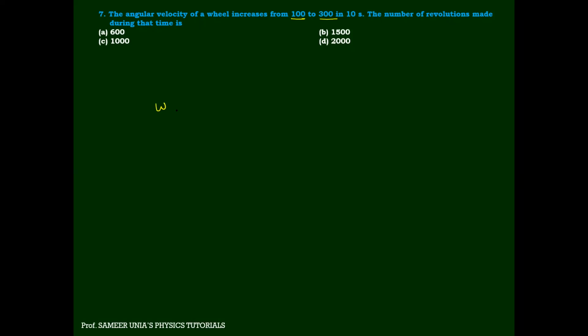और अल्फा ही पता नहीं है ना आपको, तो अल्फा पता है क्या? Can I say omega 2 is omega 1 plus alpha t. Omega 2, so this will be 2 pi n2 is 2 pi n1 plus alpha t. 2 pi n2 is given as 300. ये n है. 2 pi n1 is given as 100.